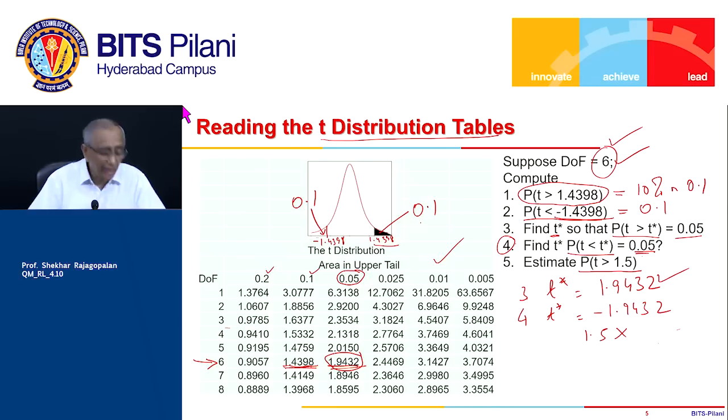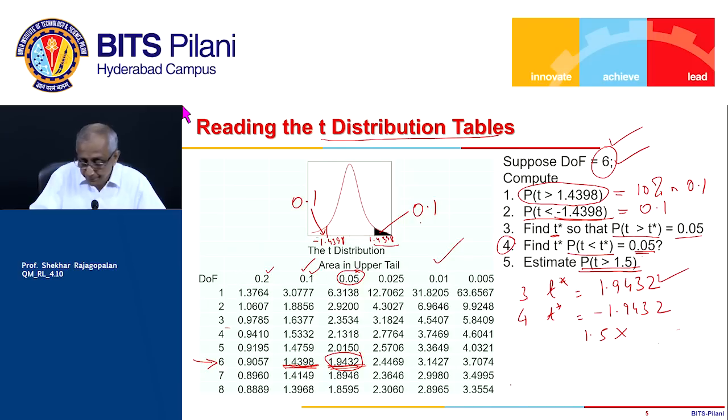So it's giving me that the area of the right tail, right of 1.4398 is 10%. Area to the right of 1.94 is 5%. Now what I need to know is the area to the right of 1.5.